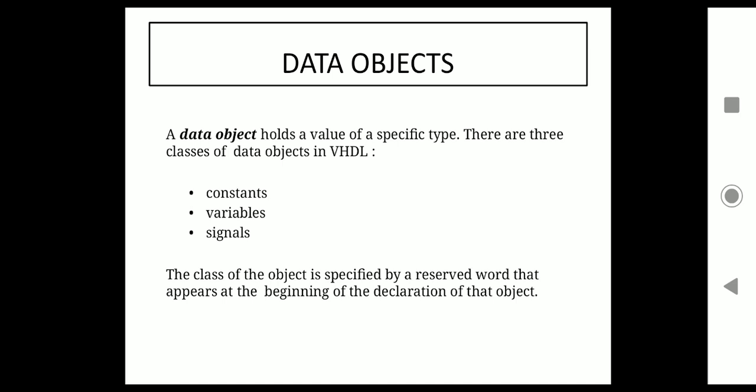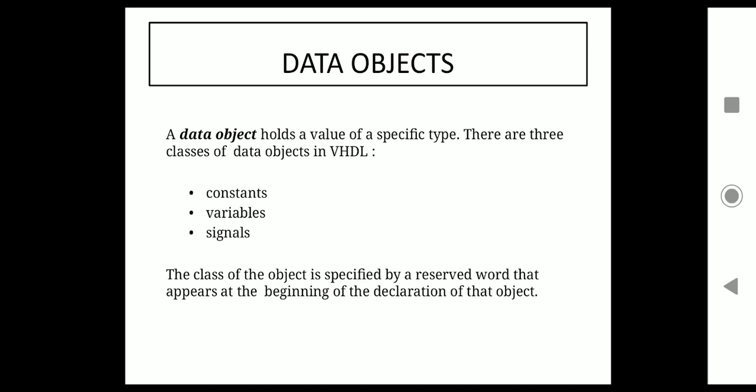A data object holds a value of a specific type. There are three classes of data objects in VHDL. First is constants, second is variables, and third is signals. These are the data objects that can be used in VHDL programming.